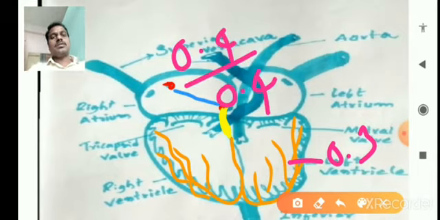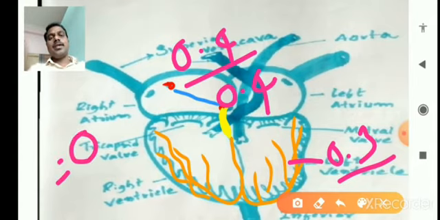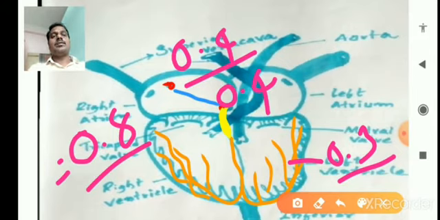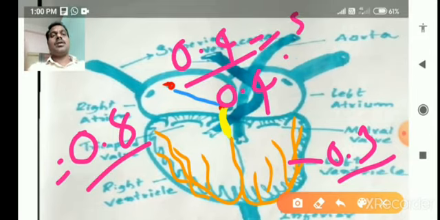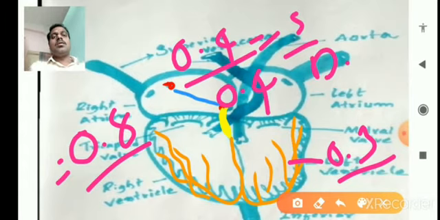Just now we discussed 0.4 for the contraction of ventricles, but it takes 0.3. So total is 0.8, right? So this is systole and this is diastole. This we call the heartbeat.